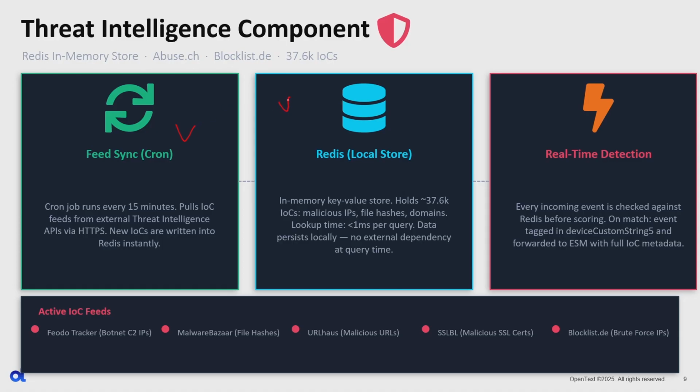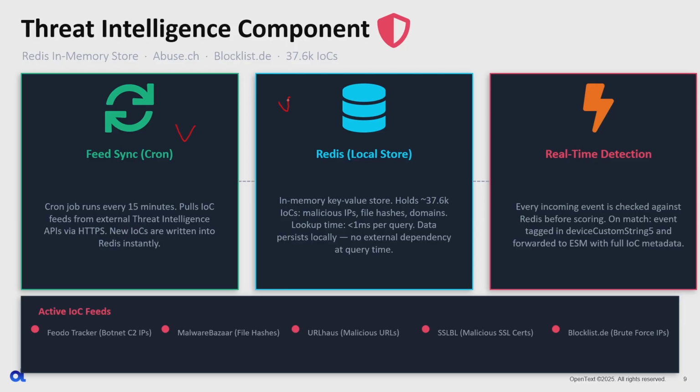Redis is the local store where the IOCs basically live. There are different IOCs, but you can, of course, imagine IPs, domains, hashes, etc. This is where they're kept.